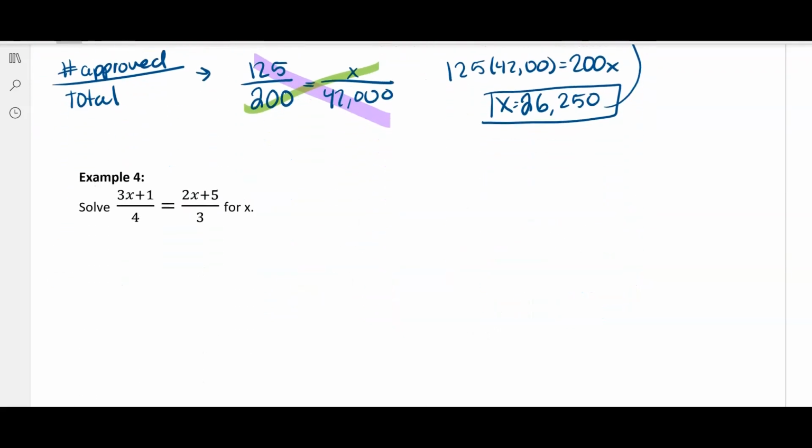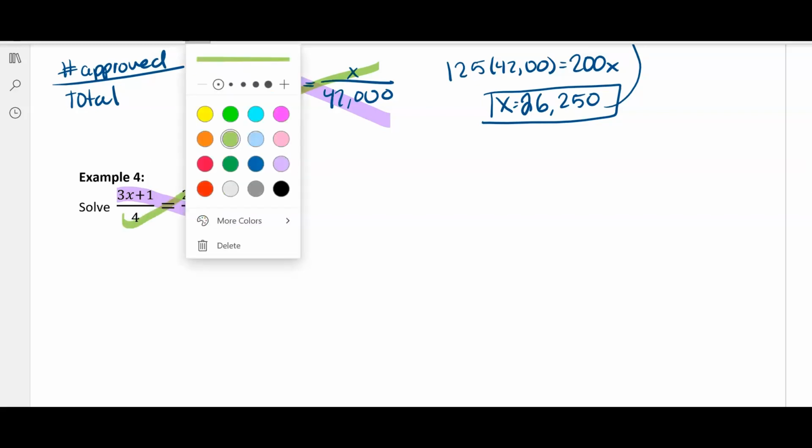Next, we have an example of cross multiplying, just to get that practice in. This unit, we are going to be doing a lot of proportions and cross multiplying and talking about equations set up this way. Here, I'm going to highlight the first top and the bottom, the second, and the same over here. I need to make this bigger.